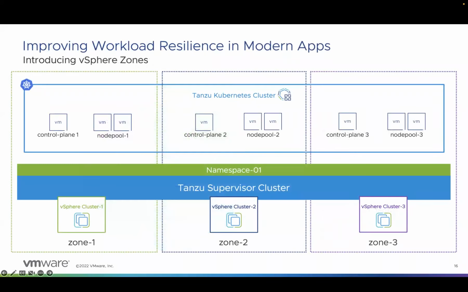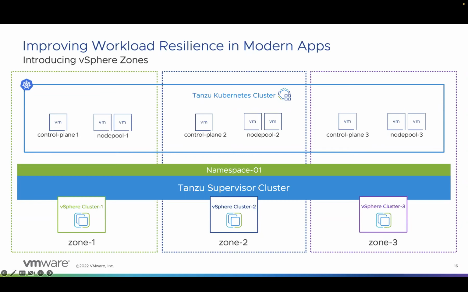So I mentioned vSphere zones. So this diagram illustrates how vSphere zones would look and operate. So we have our three clusters, vSphere cluster 1, cluster 2, cluster 3. And initially at GA, each zone can represent one vSphere cluster. So we have three zones, we've got three clusters, and there's a one-to-one relationship initially.